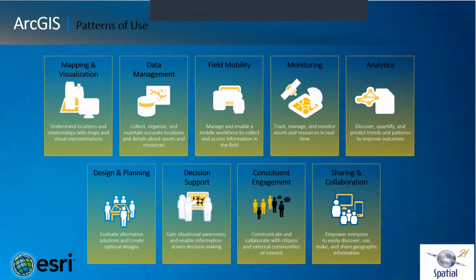And this is to gain the benefit of GIS. And if you use all patterns, which is recommended, then you are well on your way to optimizing your organization's GIS. So let us look a little bit deeper into each pattern.